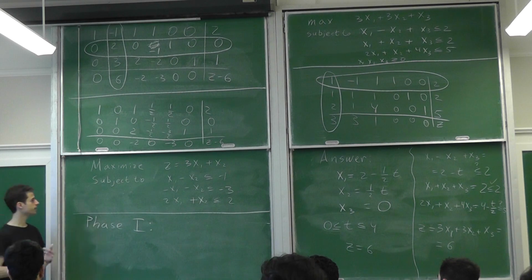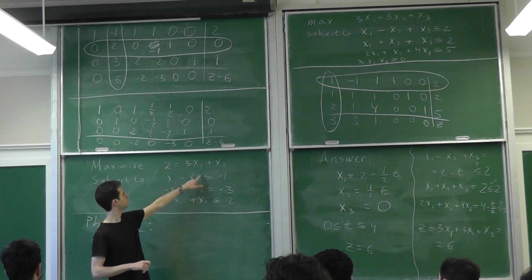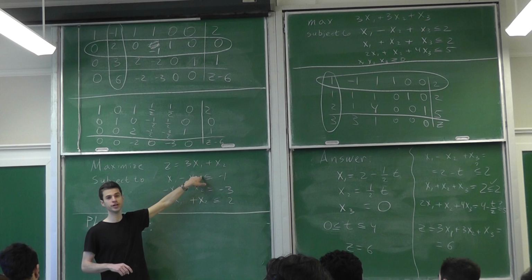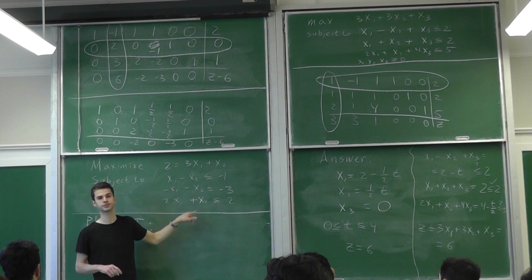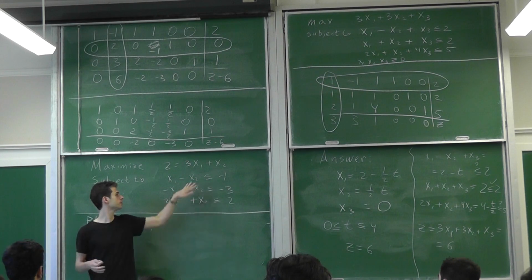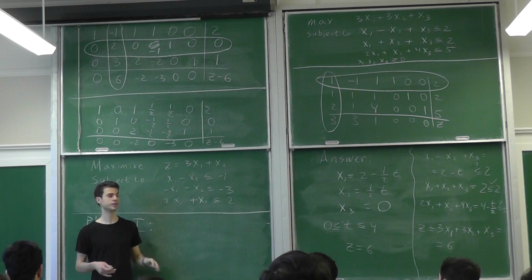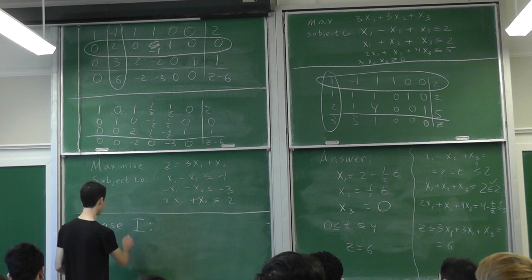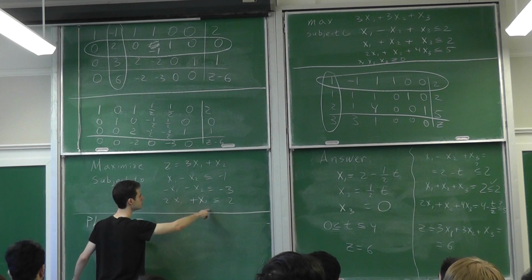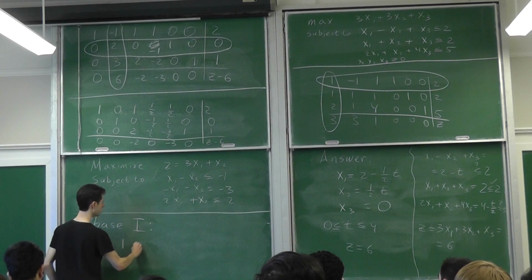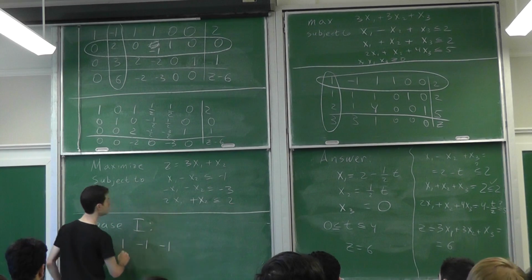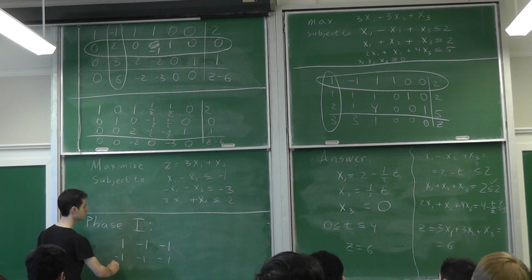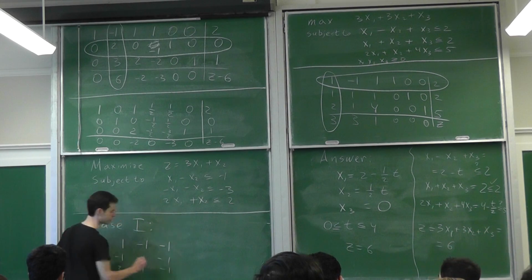I will try to relax this constraint. How? Well, I'll subtract a variable x3 from each one of the left sides. Once x3 is big enough, the left sides will become quite negative. Of course, they will be smaller than whatever you put here. So phase 1, I will change these coefficients to such coefficients. 1, minus 1, minus 1, minus 1, minus 1, minus 1, 2, 1, minus 1.